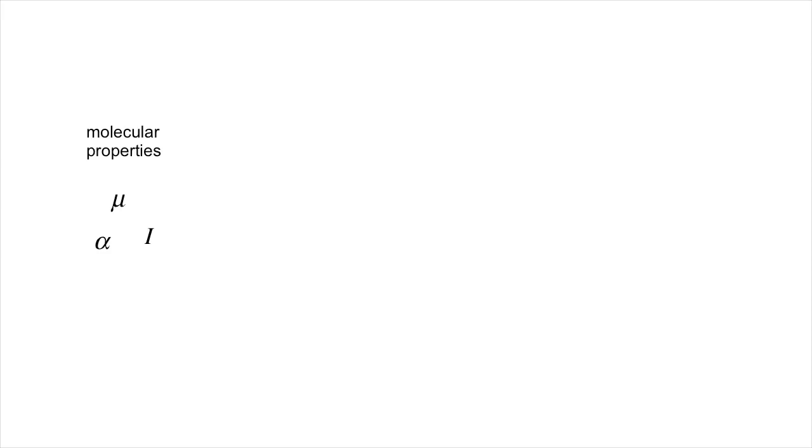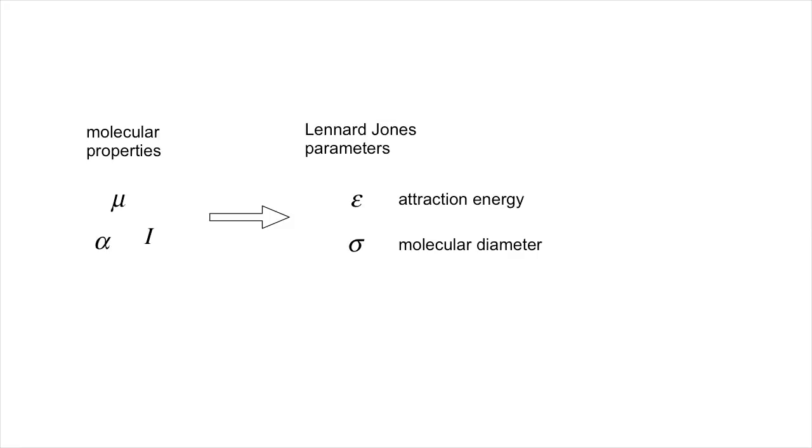Before we go on, I'd like to briefly review the flow of logic leading us here. Last time I introduced you to the concept of attractive interactions among molecules, which are related to molecular properties like dipole moment, polarizability, ionization energy, or chemical interactions. I then introduced you to a model used to embody these interactions, the Lennard-Jones model, which has two parameters, epsilon, related to the energetic strength of the attraction, and sigma, related to the size of the molecules.